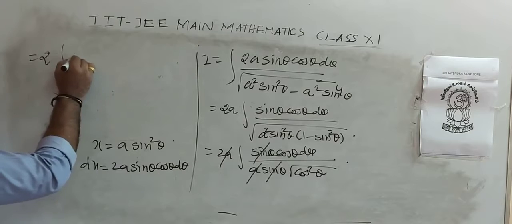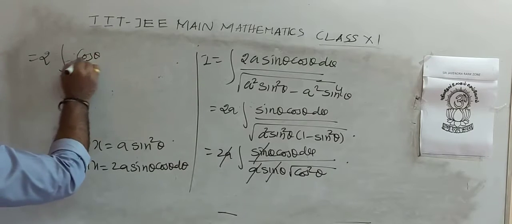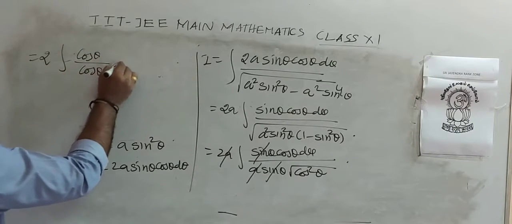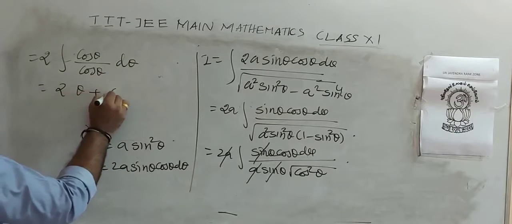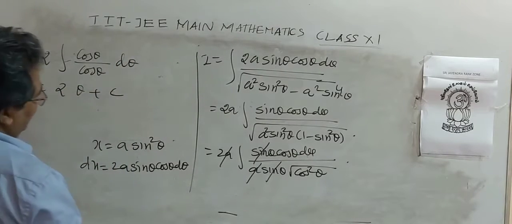So 2 into cos theta by cos theta d theta, which is 2 into theta plus c.